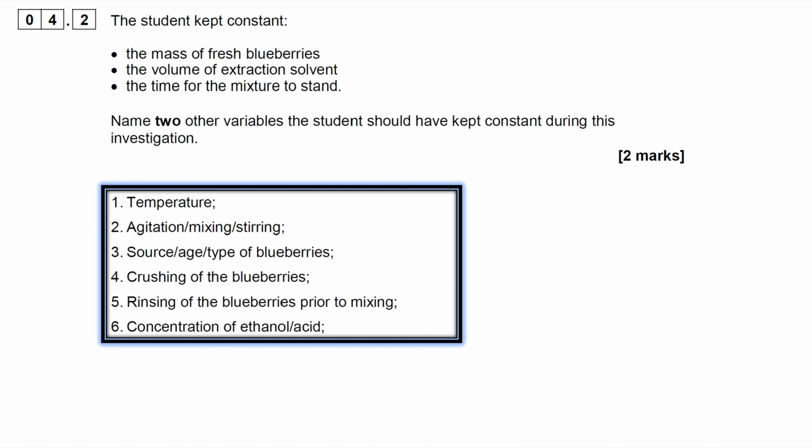And the source, age, or type of the blueberries. Blueberries from different sources, of different age, or of different types can give you different results, so they should all be from the same source. Crushing of the blueberries: if they are not properly crushed, then you can get variable results. Rinsing of blueberries prior to mixing, just to make sure we clean off any impurity. And consideration of the amount of ethanol or acid used.